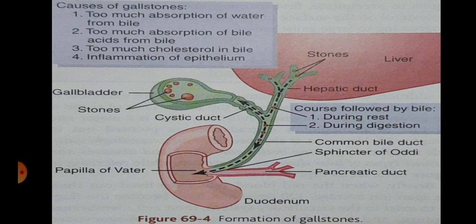Why is there too much cholesterol in the bile? Because one of the functions of the liver is to form cholesterol, and it is more seen in persons taking a high fat diet over a period of years.